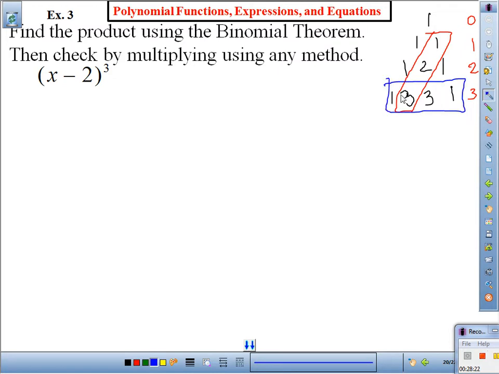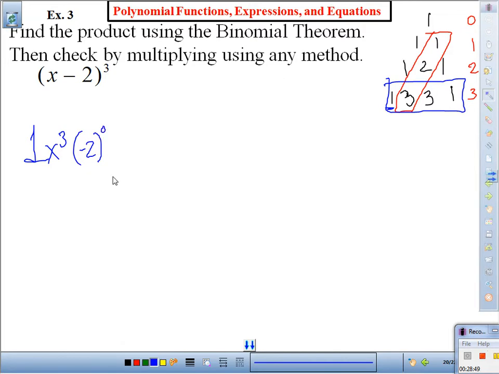All right? Let me get someone to help me get started. How about Victor? What's our first number? What is it? Okay, but we start with what? 1 times x cubed times negative 2 to the 0.